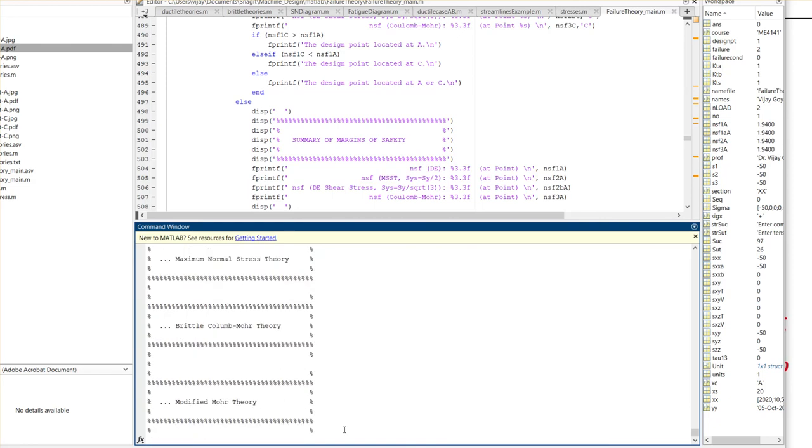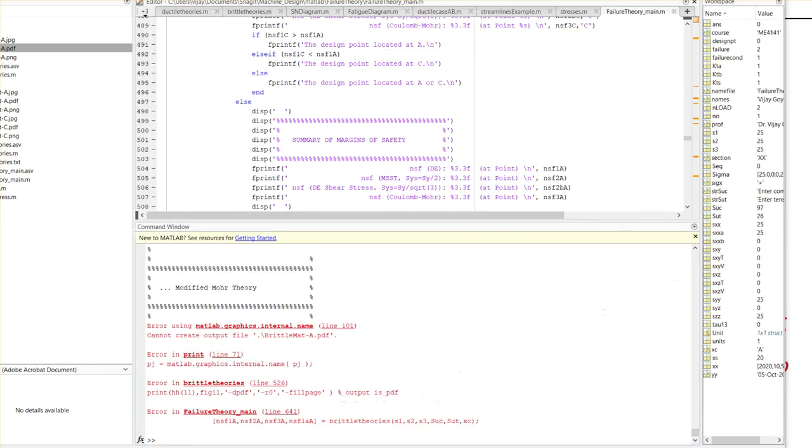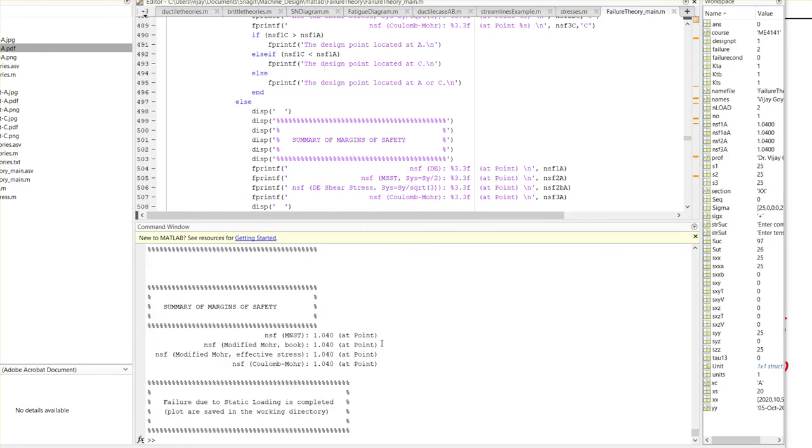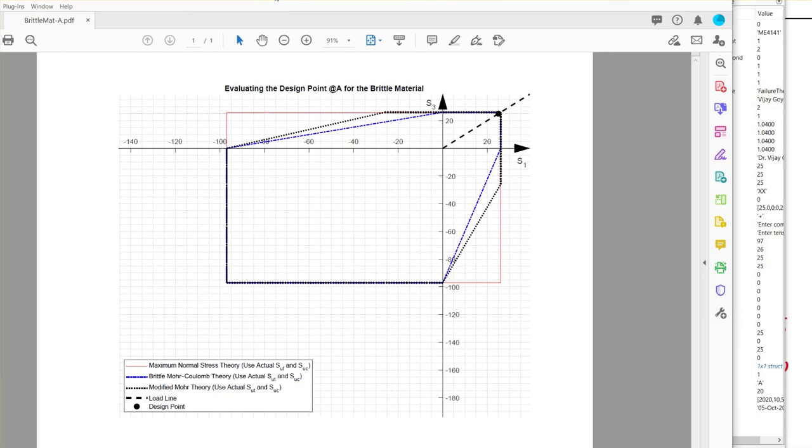This is 1. Remember, in order to run this, you need to close the file first. Otherwise, it gives you an error. That's what happened.